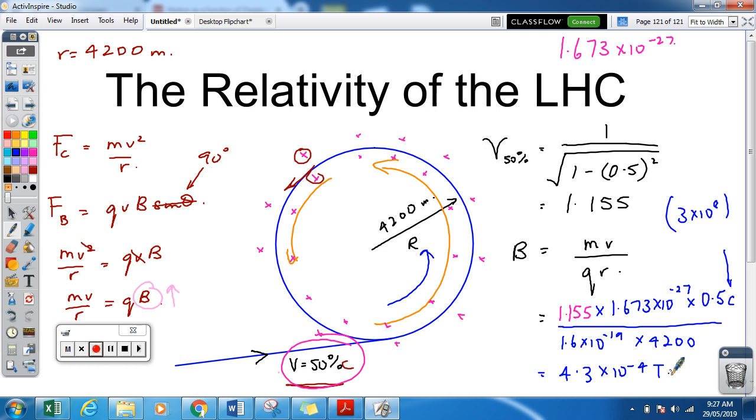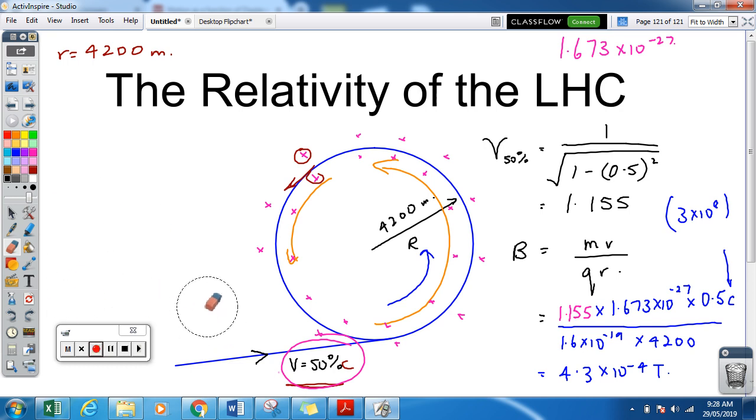This is going to change, however, as the proton goes around more and more and gets more massive as it accelerates around the collider. Now we're going to work out how much magnetic field is required at the end of the process, when it reaches a velocity of 0.923456781c.